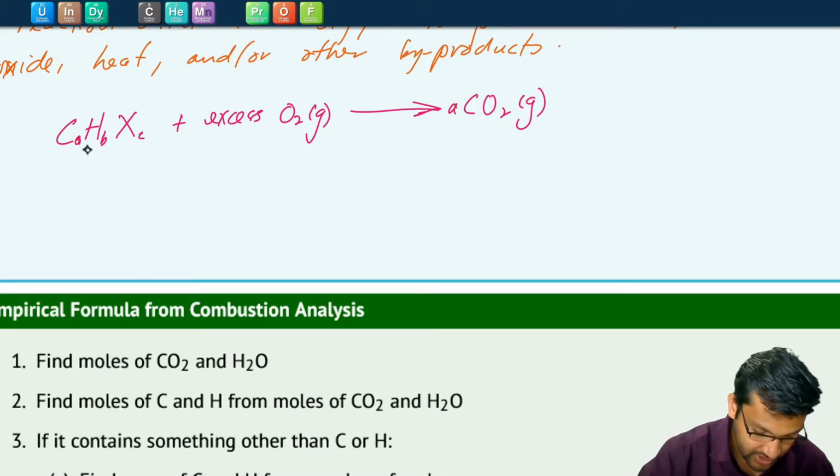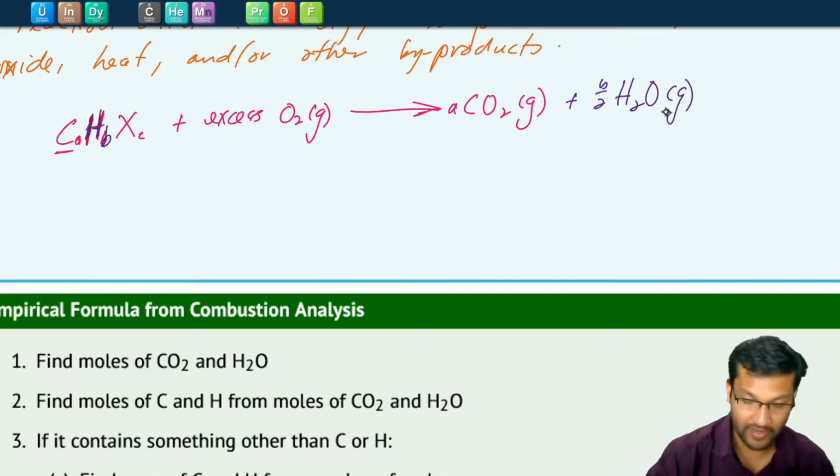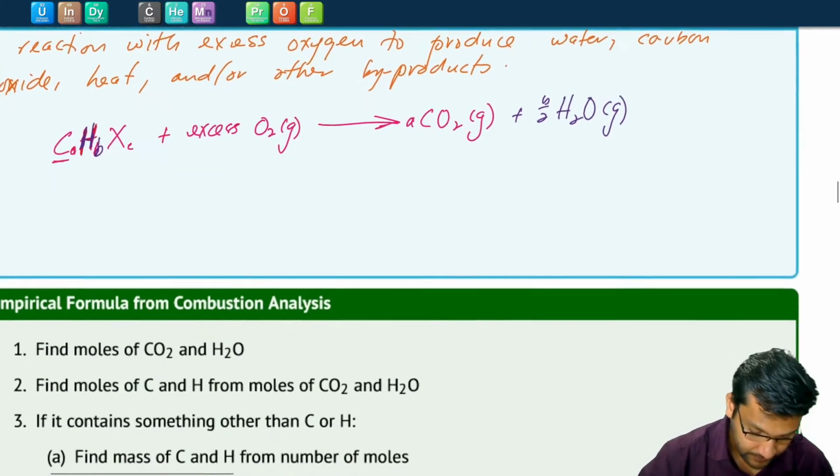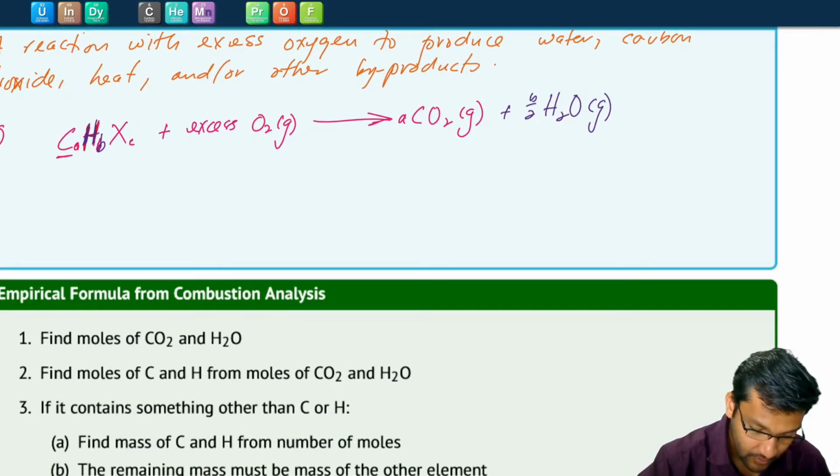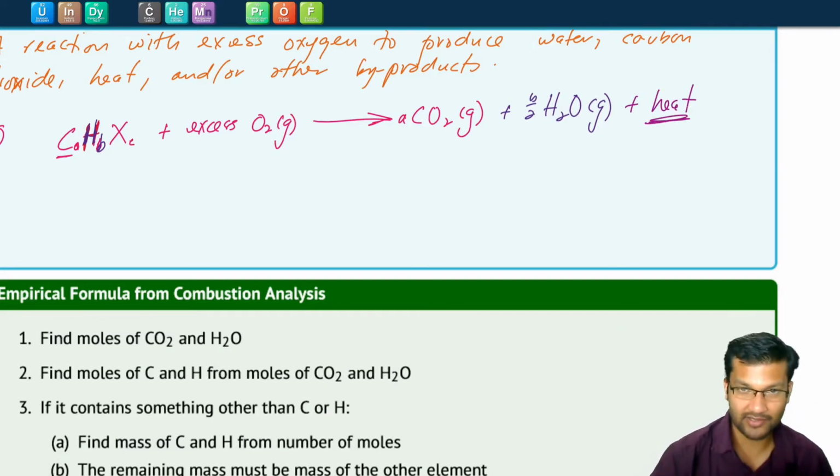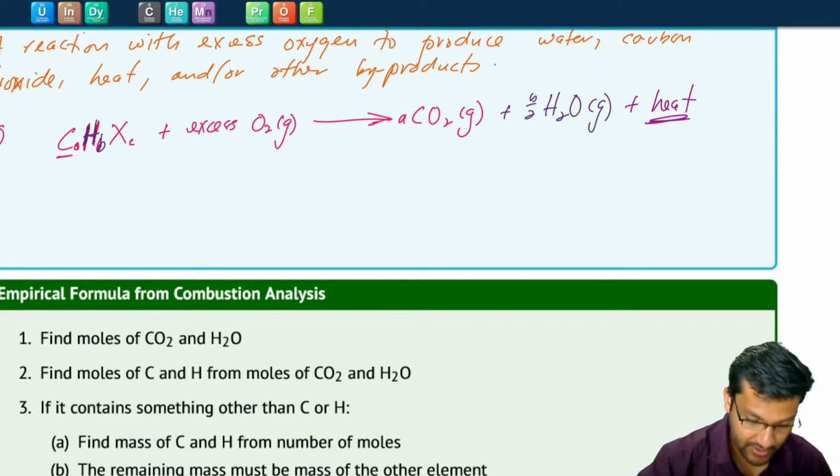However many hydrogen we had will help us to form water, usually water vapor because we're burning this. And we'll also form heat, right, from combustion reactions. Combustion is just a fancy word for burning, plus other stuff, other byproducts.